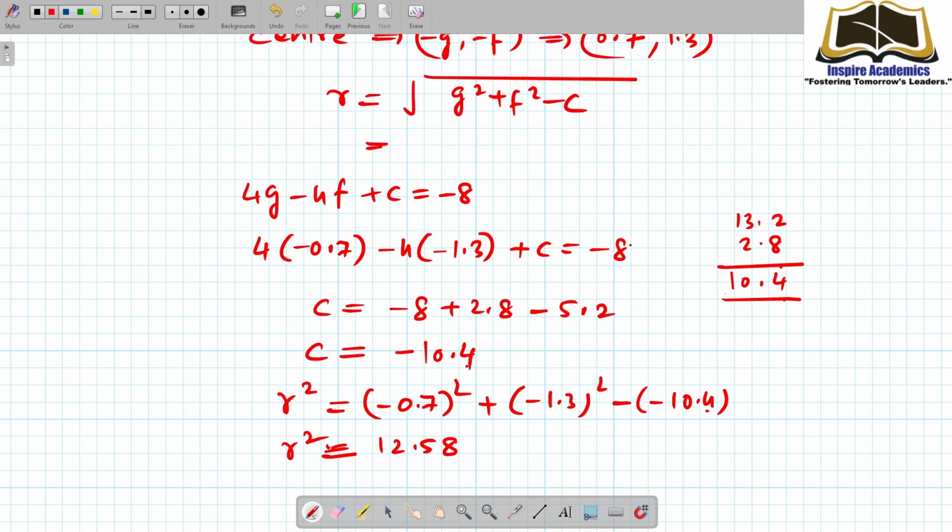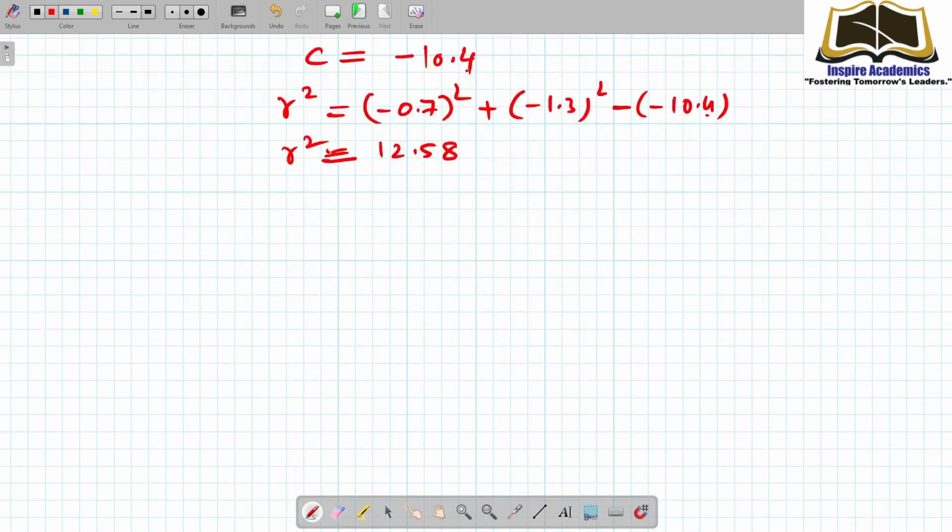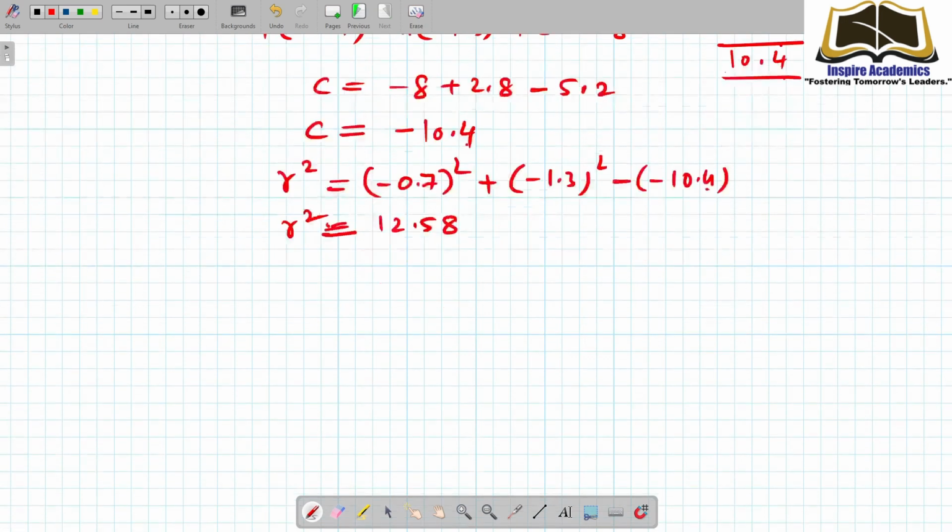So now we can get the equation of the circle. What is the equation of the circle now? We know the center, so let's write down once again.